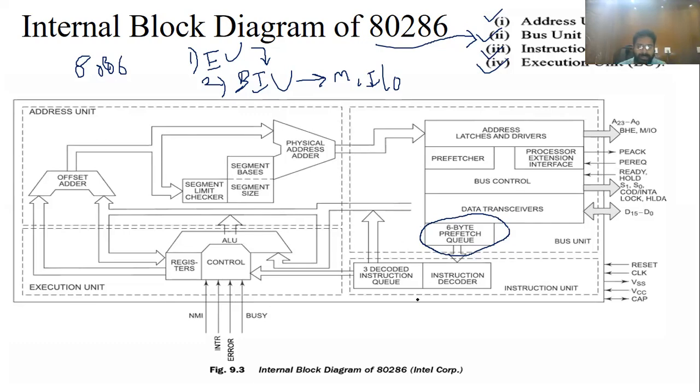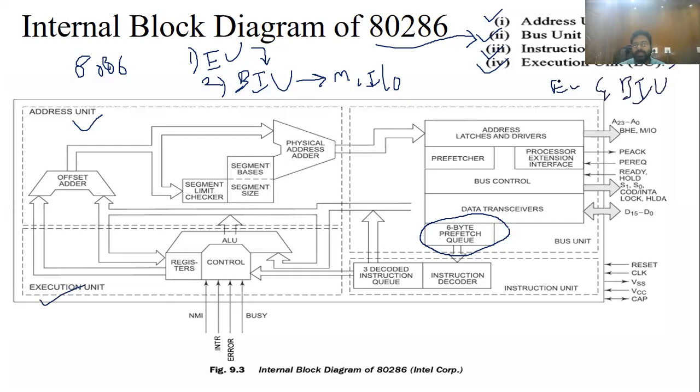Okay, see this, an execution unit, address unit. Similarly, you cannot confuse that one. So again, this we will modify into two units: execution unit and bus interface unit.